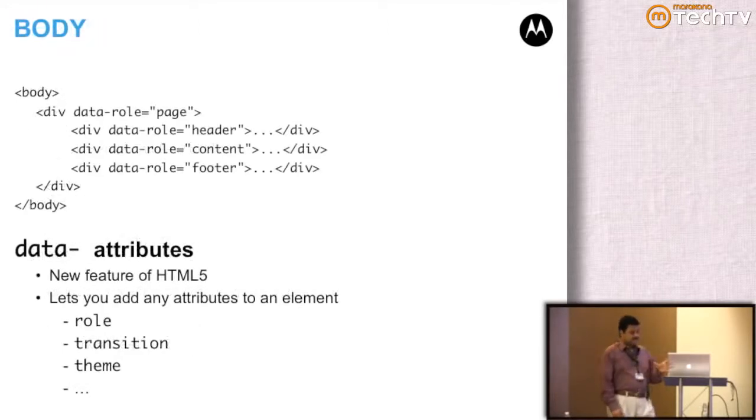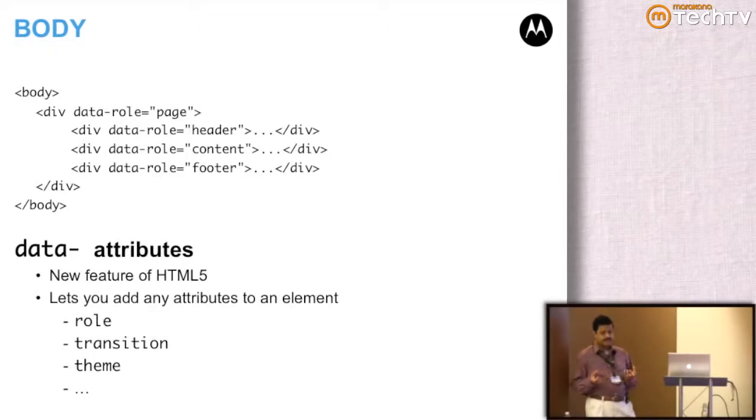So, that is the header, and if you look at the body, there are only two essential things that you would need to do. One is to create a div and assign an element called data role equal to page.